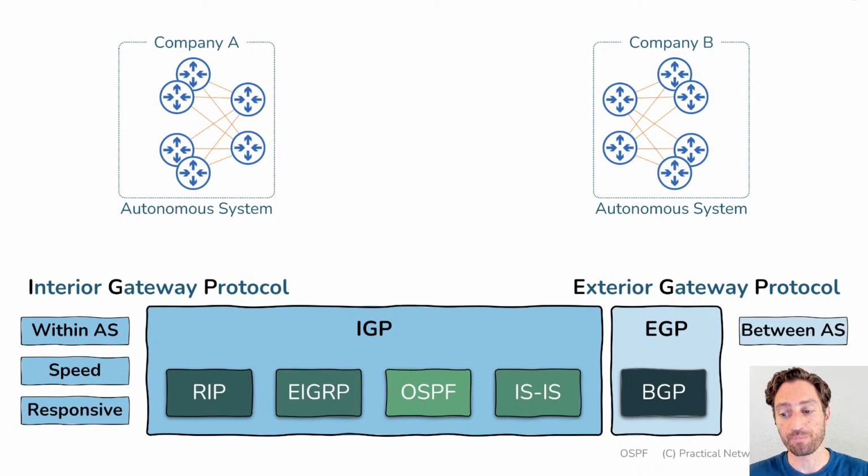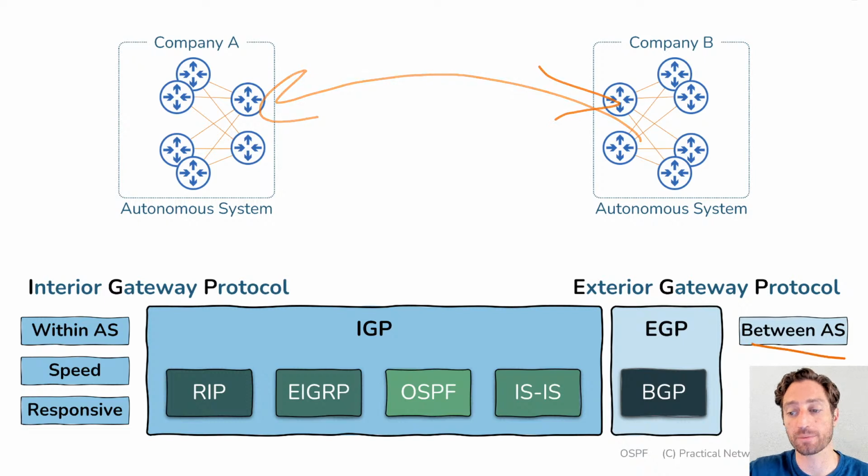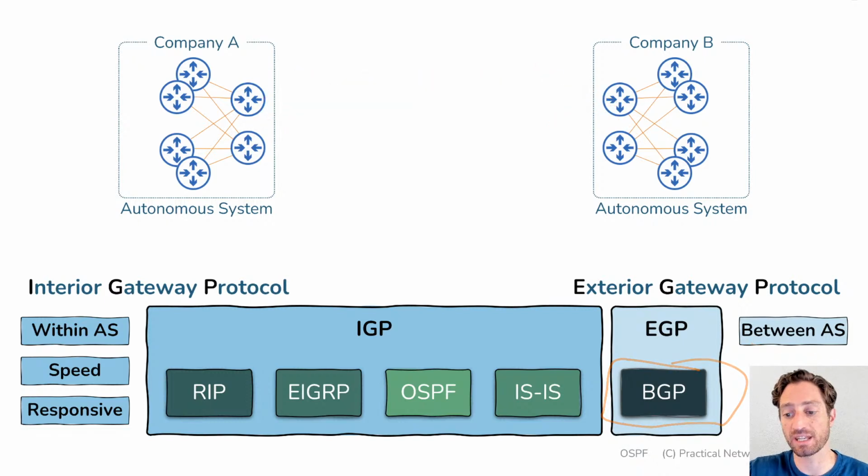To talk about EGPs, by comparison, they are primarily suited for sharing routes between autonomous systems. Now, the primary EGP in use today, so again, EGP is the category, exterior gateway protocol, but really the only one that the entire internet uses at the moment is BGP, so you'll probably hear me use BGP and EGP as the same term, but really one's a category and one's a specific protocol.